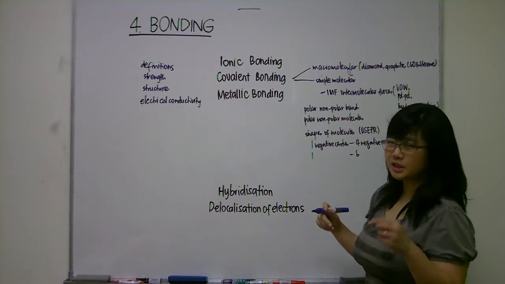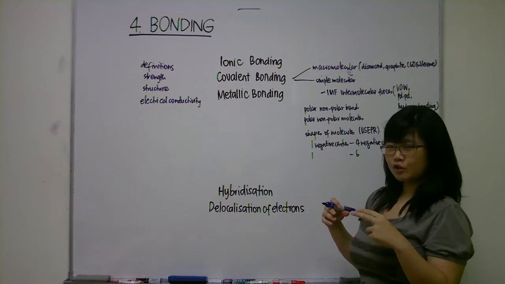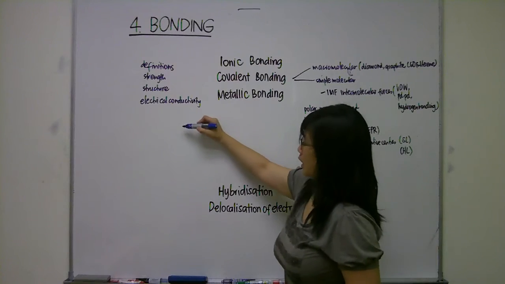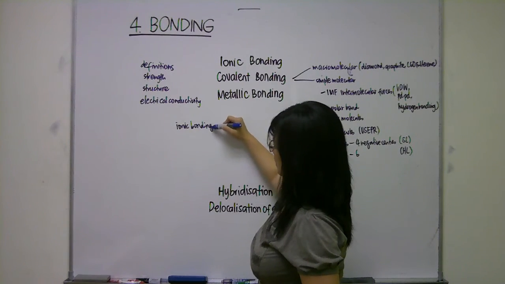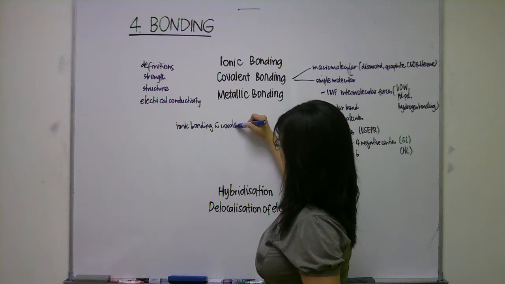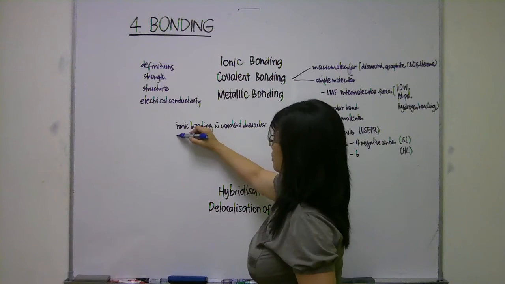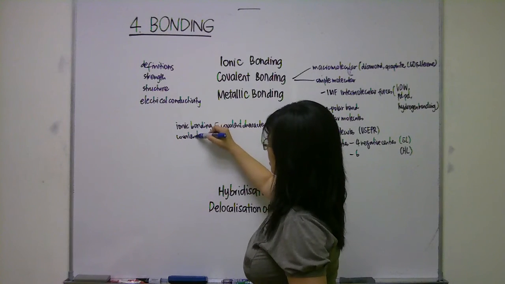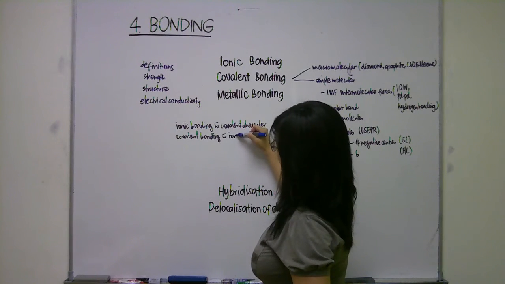You also need to mention a little bit of a mixture of bonding, for example, ionic bonding with covalent character, and covalent bonding with ionic character.